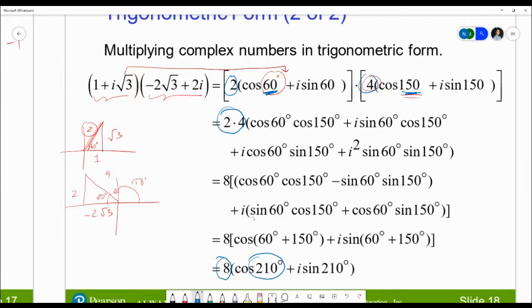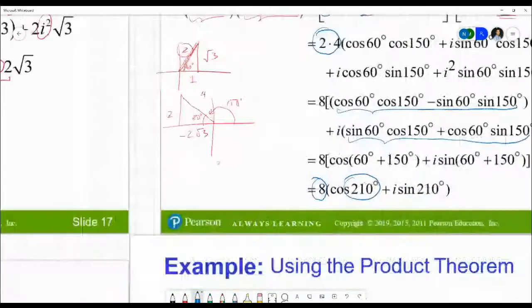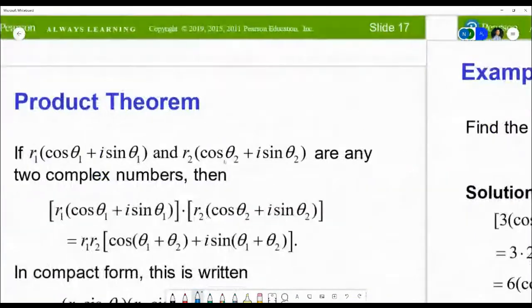Do you know why that is? This is because of the sum and product rule for sine and cosine. Neat, huh?